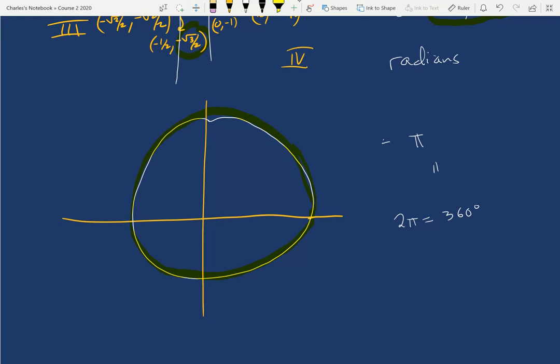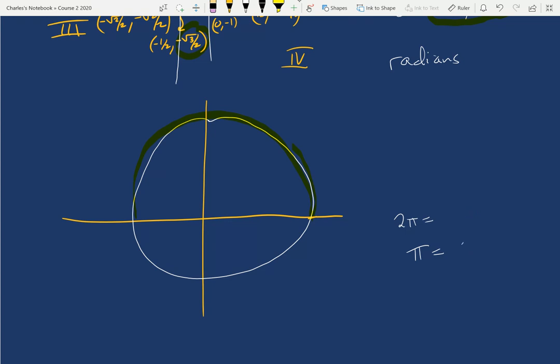We can think of this to help us make our next thing. If 2 pi goes all the way around the circle, 1 pi is going to go just halfway. So 1 pi is equal to 180 degrees.